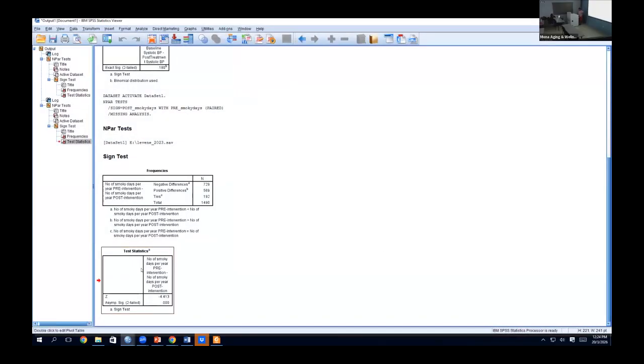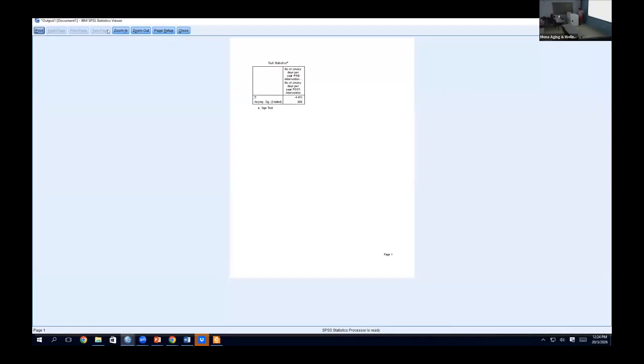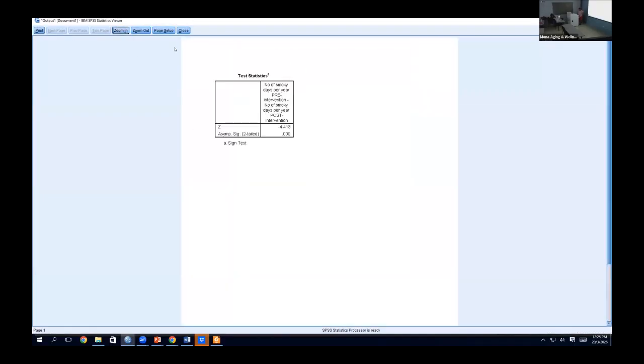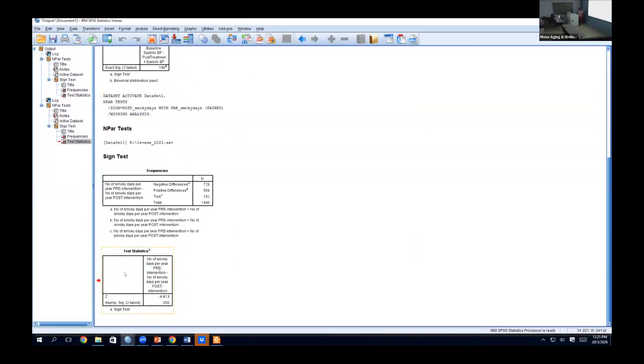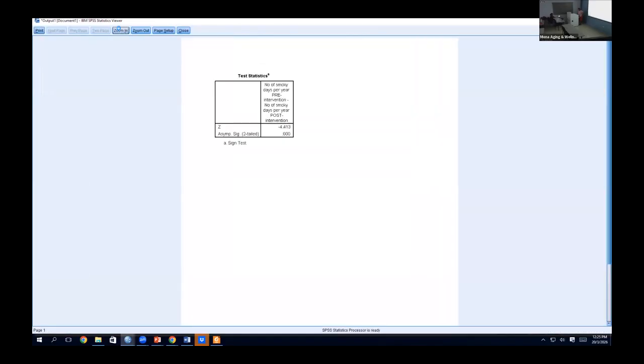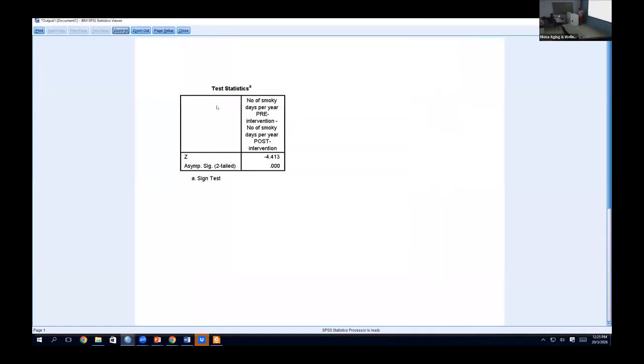Table 2 now. So right now, before we had the exact p-value from the binomial table, but this time it's giving us the p-value from the z distribution.